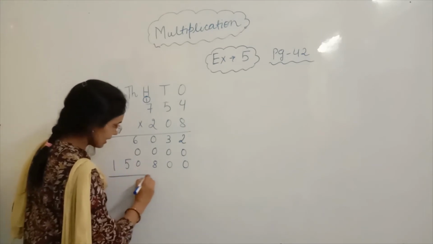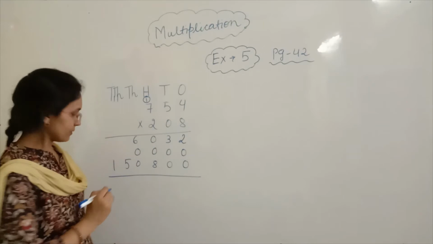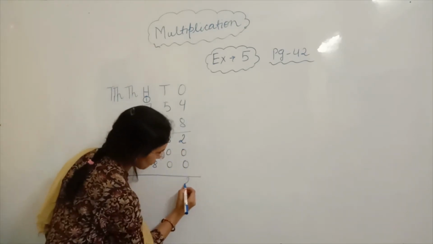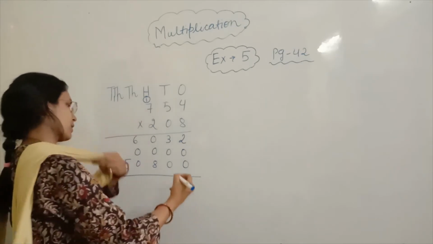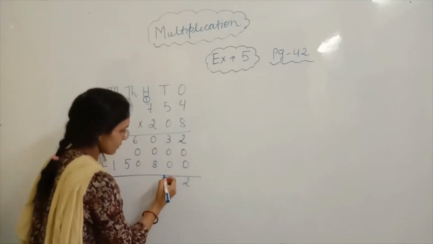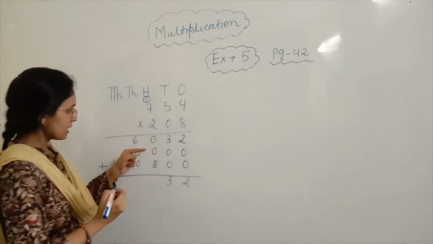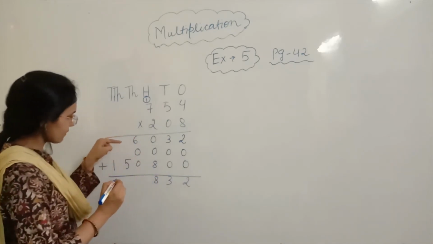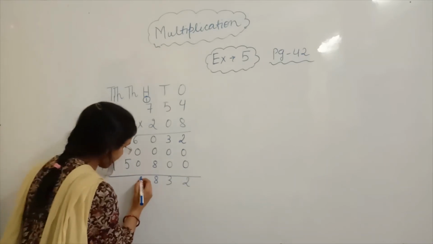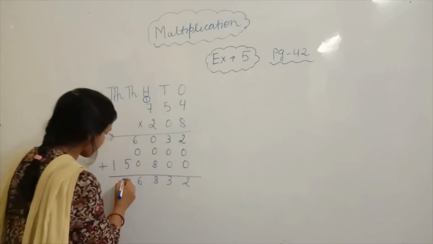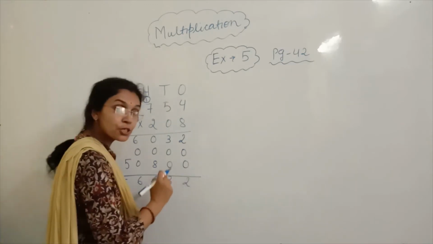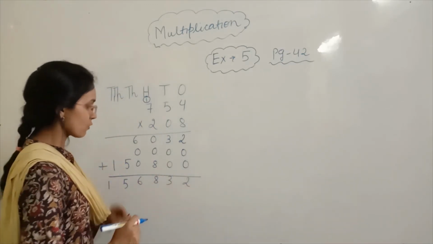And now we'll add the numbers. 2 plus 0 will be 2. 3 plus 0 will be 3. 0 plus 0 will be 8. 6 plus 0 will be 6. Here will be 5 and here will be 1. So now we'll put the commas also.